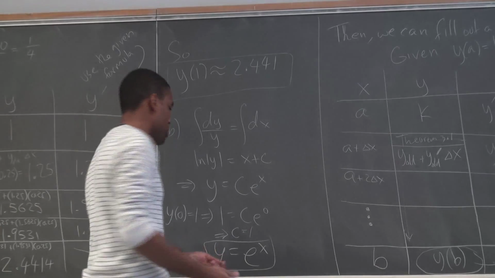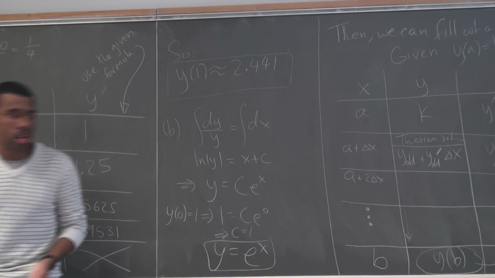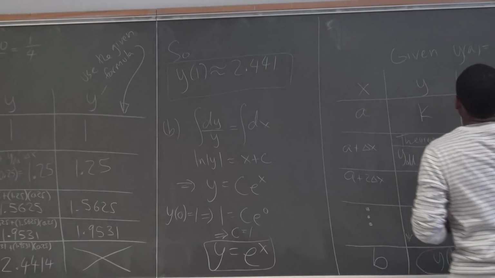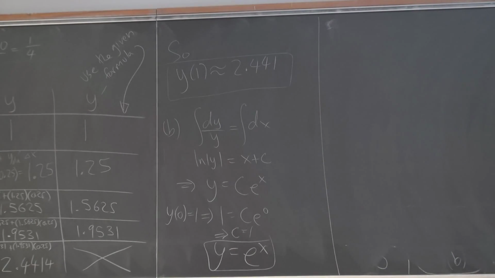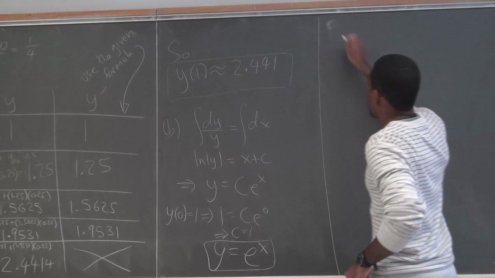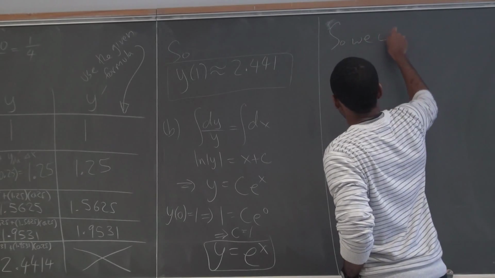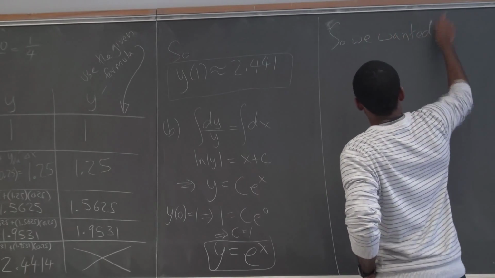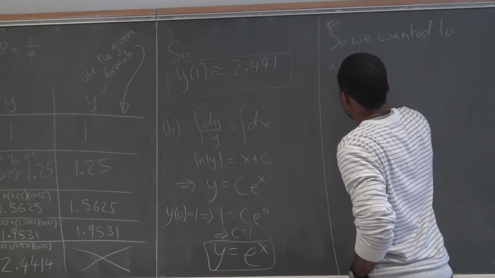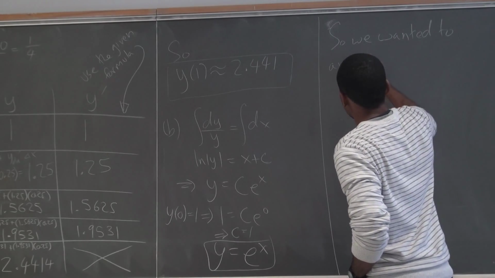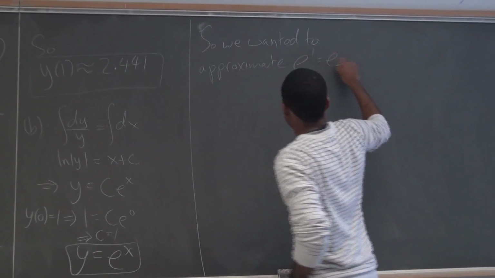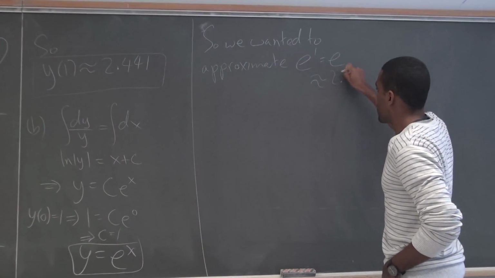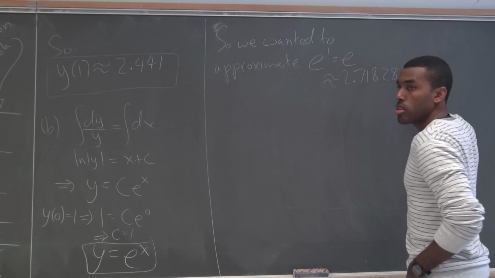So when I say approximate the y value when x equals 1, what am I actually approximating? e to the 1. So we wanted to approximate e to the 1, which is just e, which by the way is 2.71828.